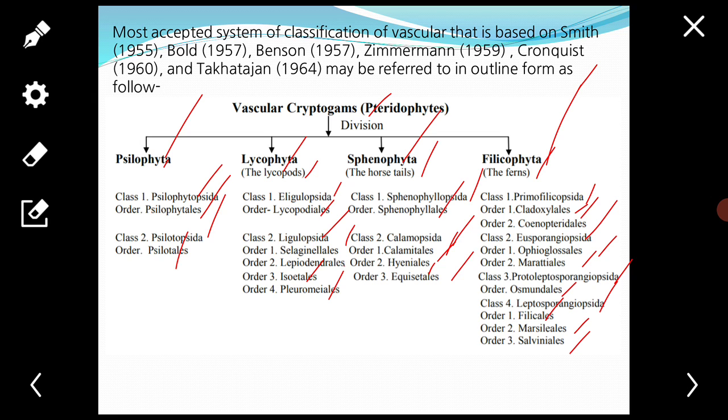So, characteristics of Coelophyta. The main plant body is a rootless sporophyte that differentiates into a subterranean rhizome and an aerial erect shoot. Branching is dichotomous in both the subterranean rhizome as well as the aerial shoot. Rhizoids borne on the rhizome absorb water and minerals from the soil.